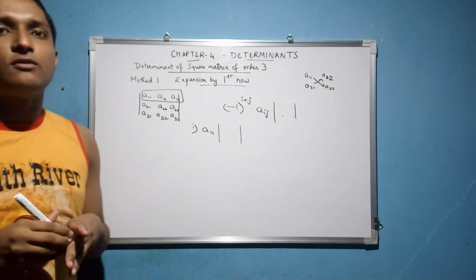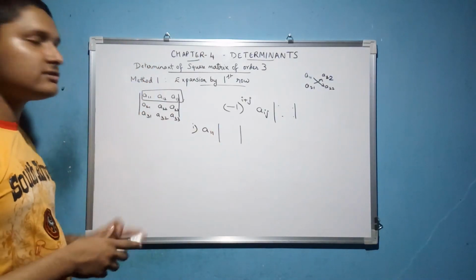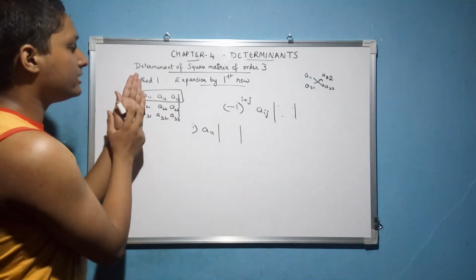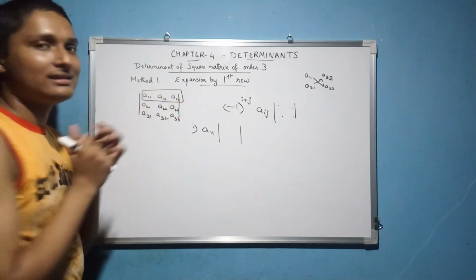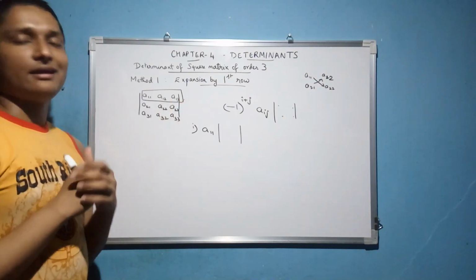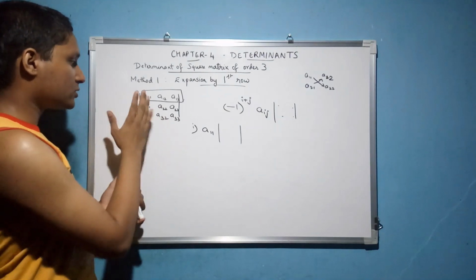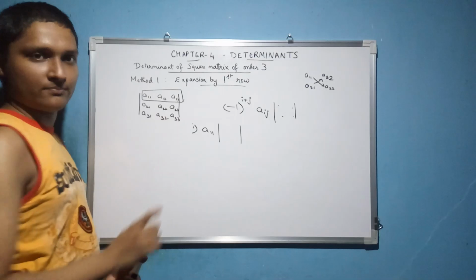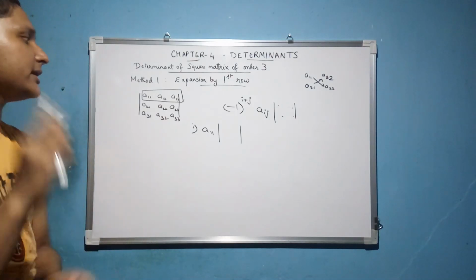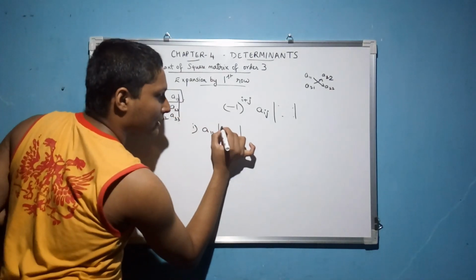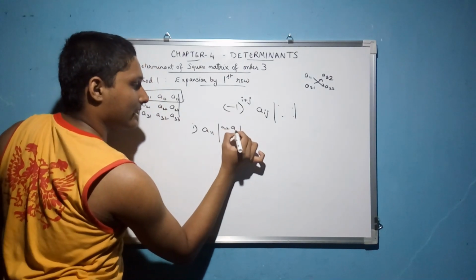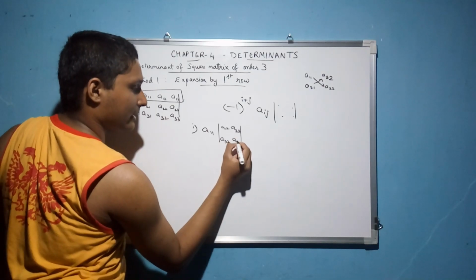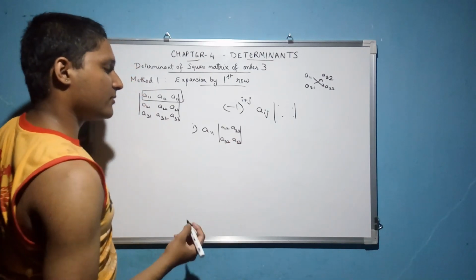The easiest way I suggest is to remove the row and the column belonging to that A11. Remove all the elements belonging to that, so you get these 4 elements. Just write that: A22, A23, A32, A33.